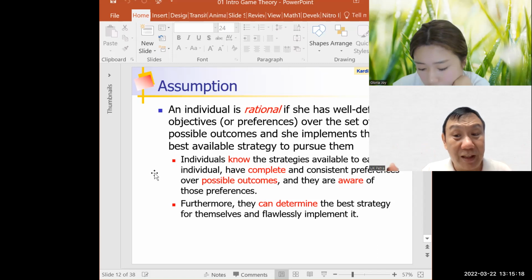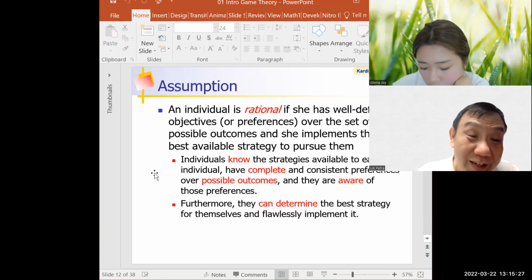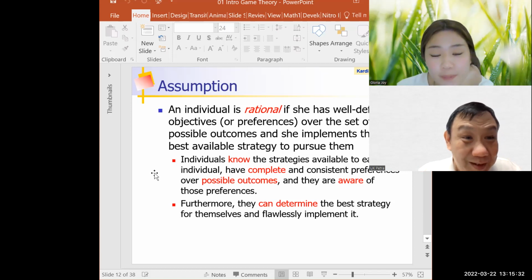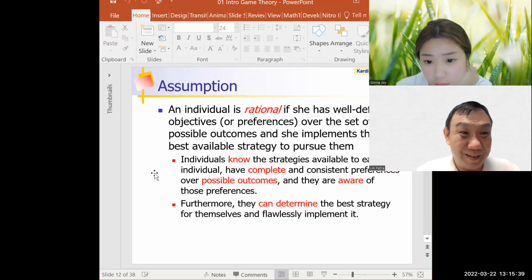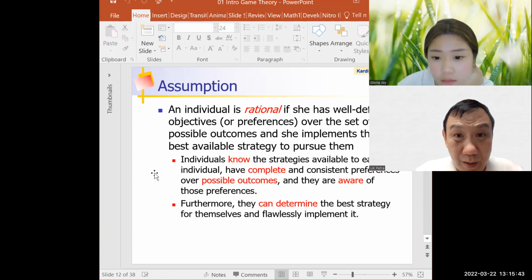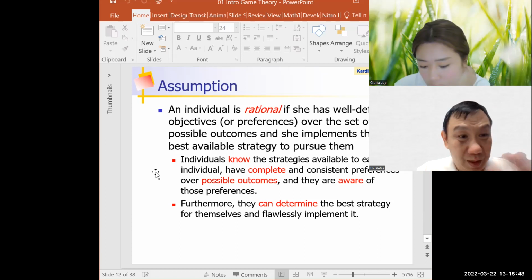Only then can we determine the best strategy. So, example, okay? If your opponent is actually crazy, irrational, right, then you cannot use game theory. Okay? Clear? Okay? This is the most important assumption there. If they are not rational, then this theory of games cannot be used.